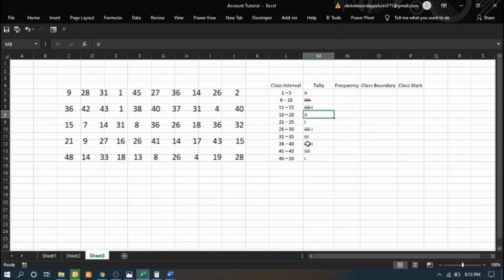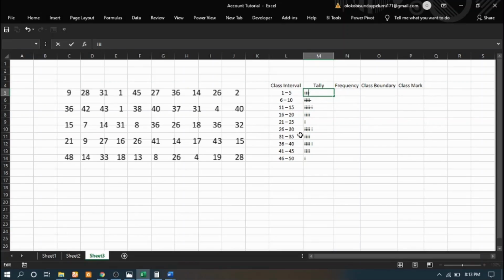31 falls here. So we have 18. 18 is here. So we have 17. 17 is in that same place. We have 4. 4 is here.